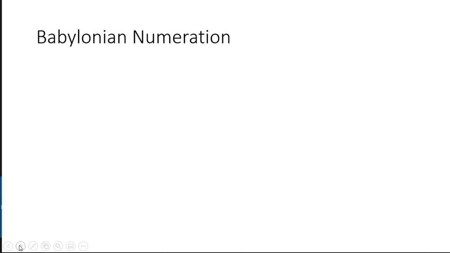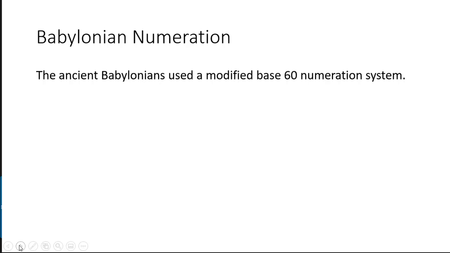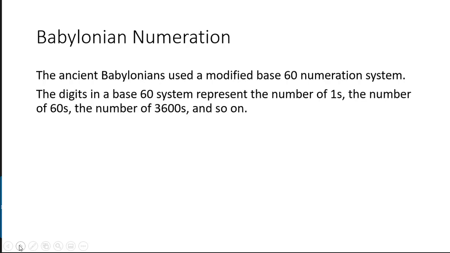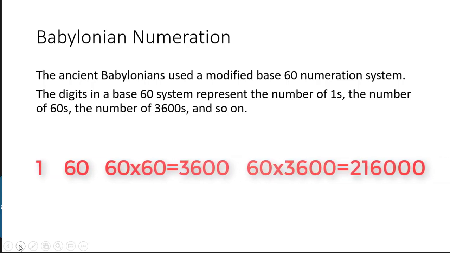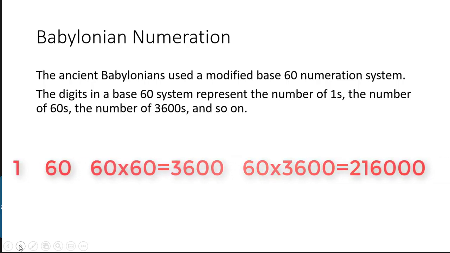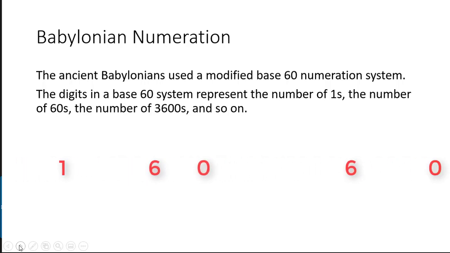Let's look at another number system besides the Hindu-Arabic system that is positional. The ancient Babylonians used a modified base 60 number system. So what that means is that the digits in their system represented 1's place, 60's place, and then if you multiply 60 times 60, you get 3,600's place, and you could continue multiplying by 60 for larger place values.